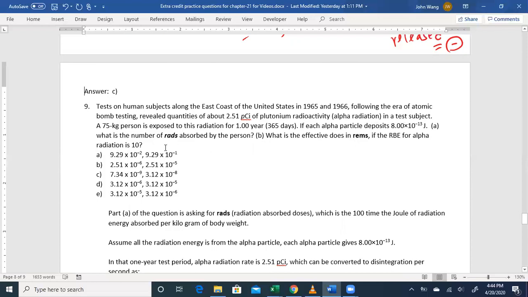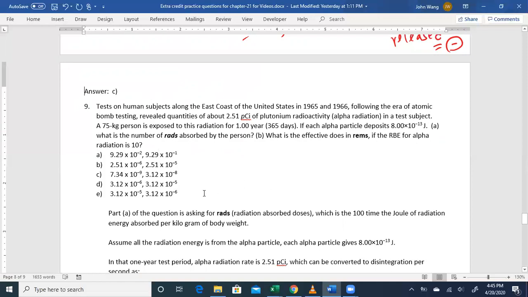And that test subject, let's say a person has 75 kilogram is exposed to this radiation for 1.00 years, which means 365 days. If each alpha particle deposits 8.00 times 10 to the negative 13 joule, A, what is the number of rads absorbed by the person? B, what is the effective dose in REM if the RBE for the alpha radiation is 10?